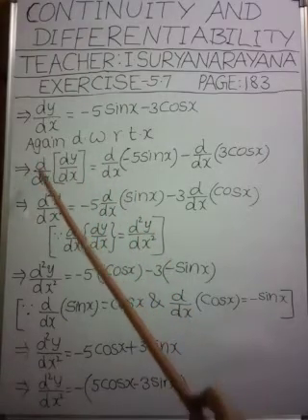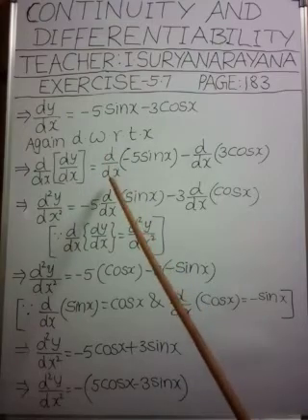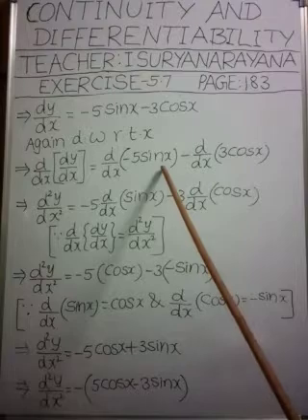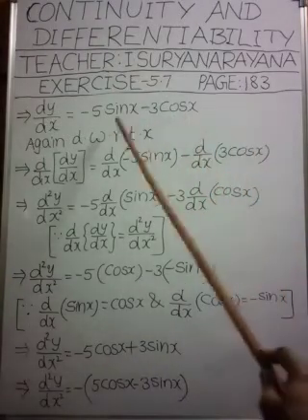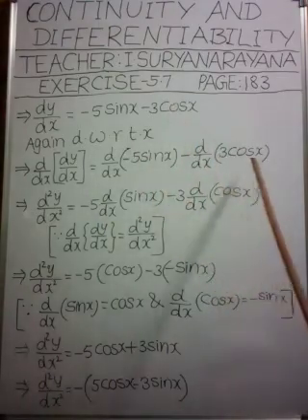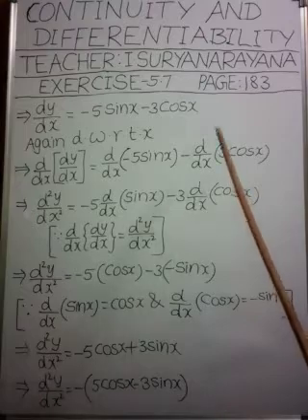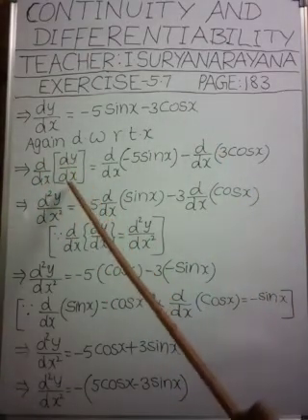This implies d by dx of dy by dx is equal to d by dx of minus 5 sin x minus d by dx of 3 cos x. I wrote it directly and separately. Understood this step, my children? RHS part. This implies what is the value of d by dx of dy by dx?